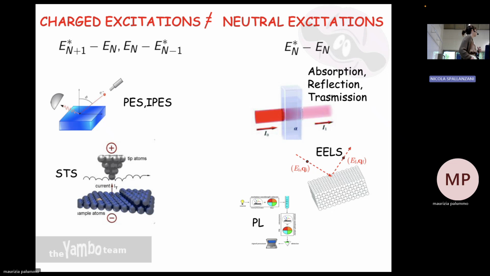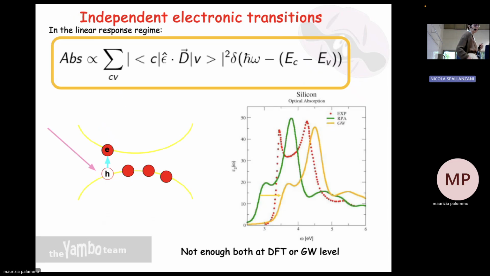While when you measure data like absorption, reflection, transmission, also photoluminescence, but that is much more complicated to deal with since it is an out-of-equilibrium phenomenon, so I will not speak about photoluminescence. In any case, what you measure is actually neutral excitations. So it's completely different, and this is a key concept since in some materials, especially low dimensional materials where the screening is very low, as I'll show you in a minute, the electronic gap and the optical gap can be very different. So this is one concept that you have to remember.